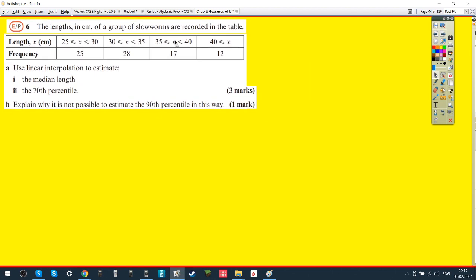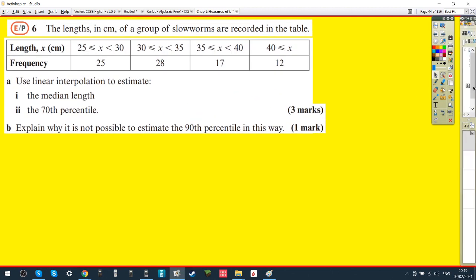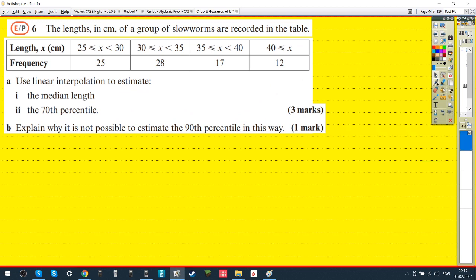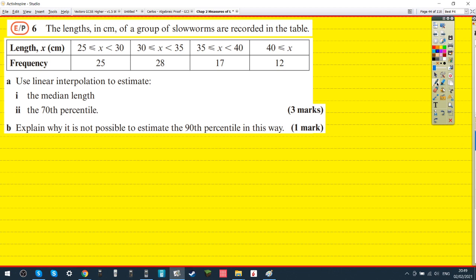Right. Median. Okay. The total's 82. Great.